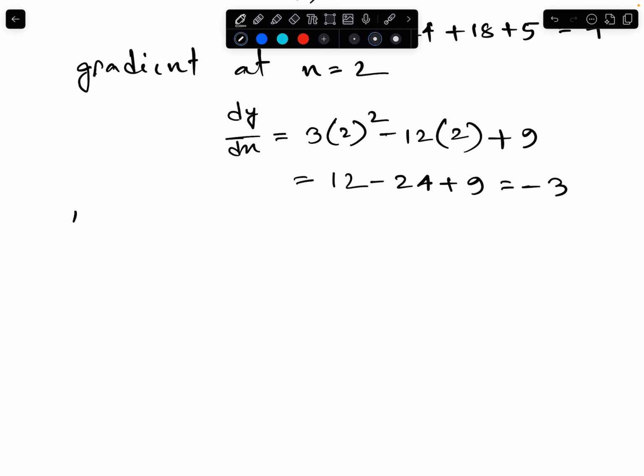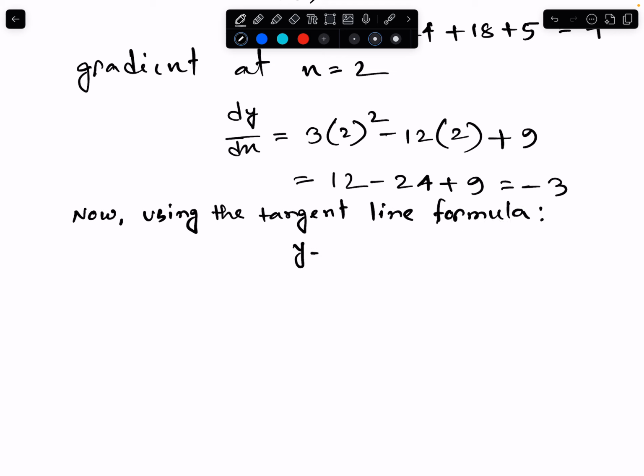So now we are using the tangent line formula: y minus y1 equal to m times x minus x1. This is the line formula along one point.